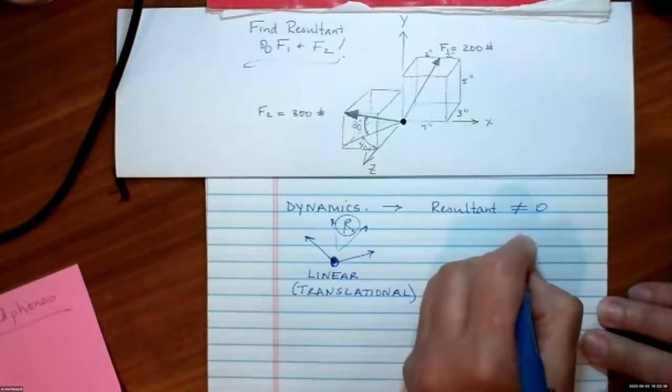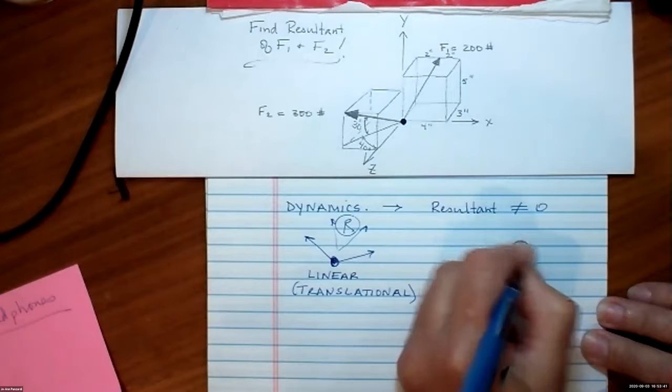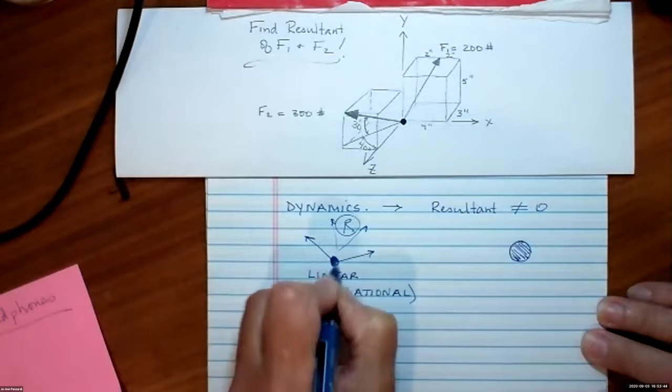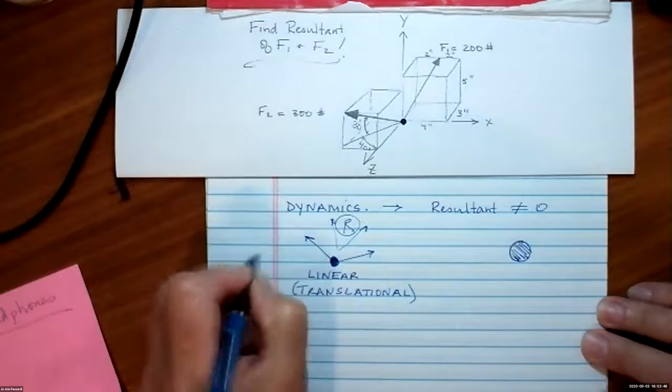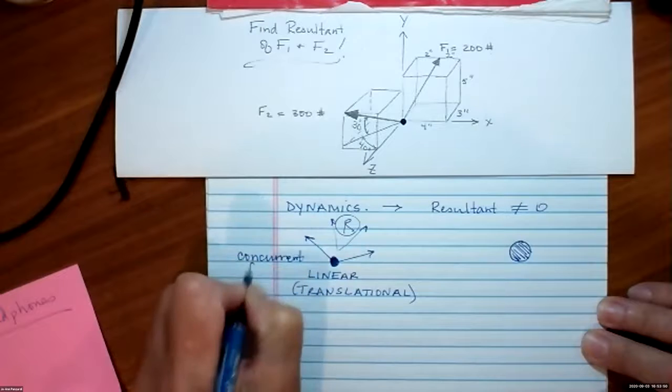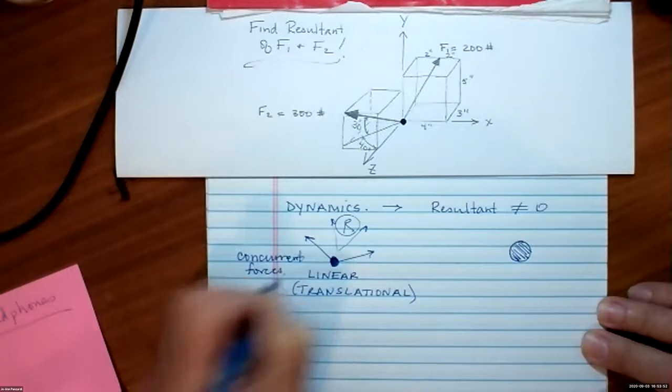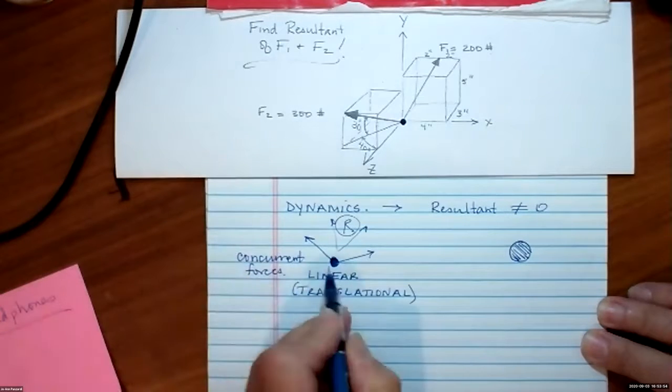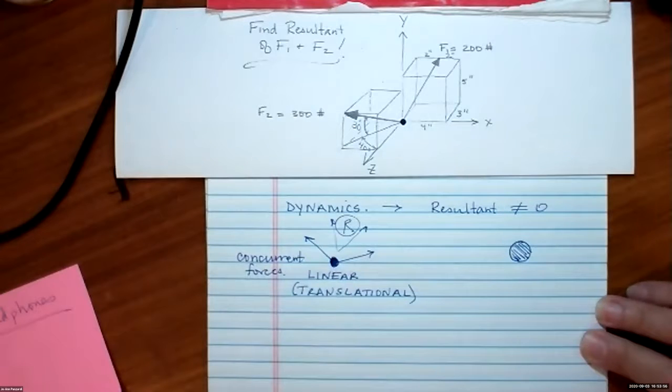When I do this kind of thing, these forces are called concurrent forces. The definition of concurrent forces is forces acting at the same point. And at the same time, or no?